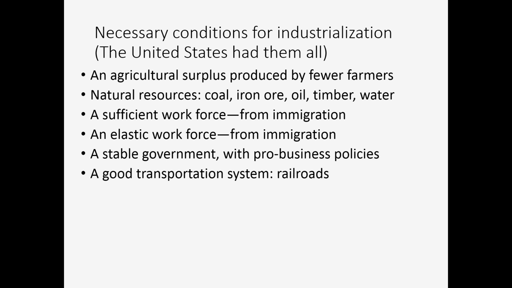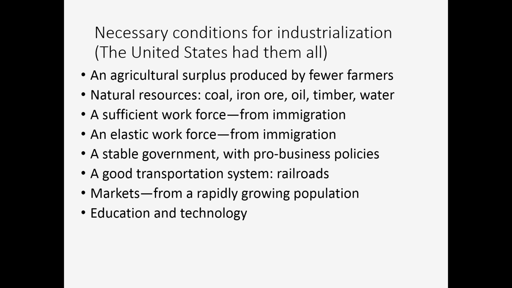You need a good transportation system, and railroads provided that in a big way. You need markets, places to sell your goods, and they came from a rapidly growing population in the United States. You needed education and technology, and those were growing rapidly also, even though many, many workers did not need a great deal of education to do unskilled jobs.